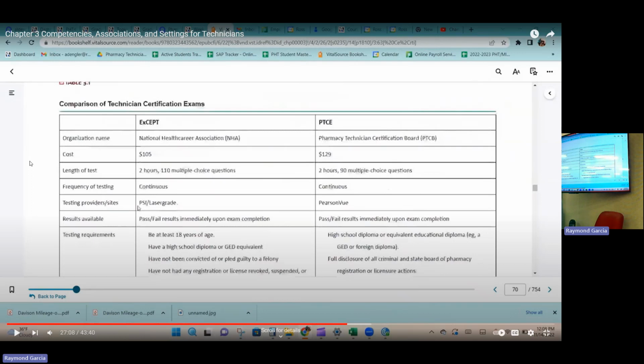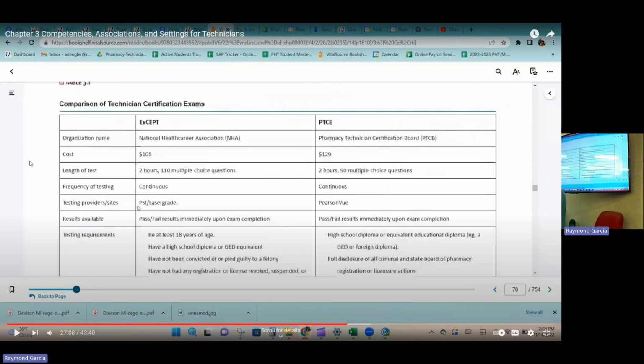These are old costs. They have EXCPT at $105, which is up now to $125, and I believe PTCE is up to $139.